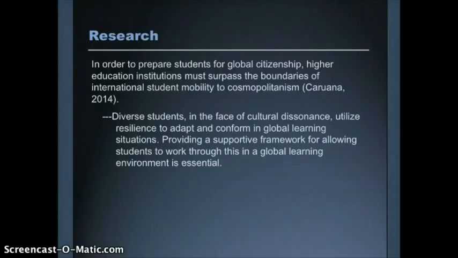Diverse students, in the face of cultural dissonance, utilize resilience to adapt and conform to global learning situations. Providing a supportive framework for allowing students to work through this in a global learning environment is essential, and we as educators need to be the catalyst to perform that duty.